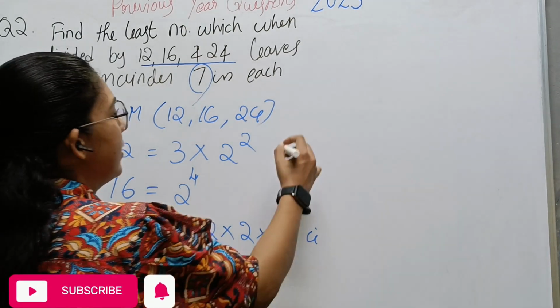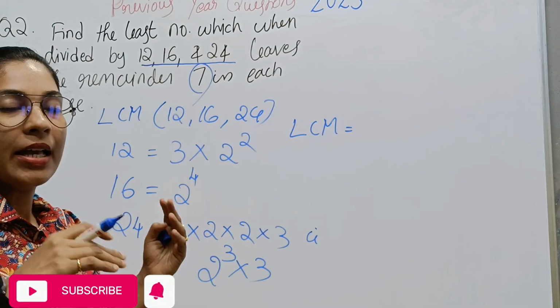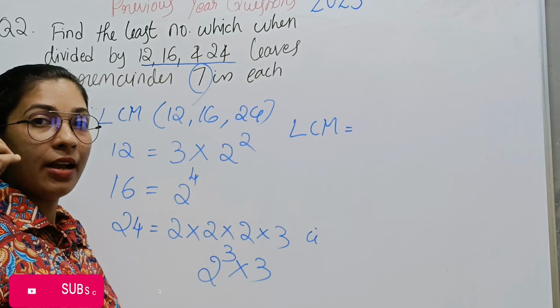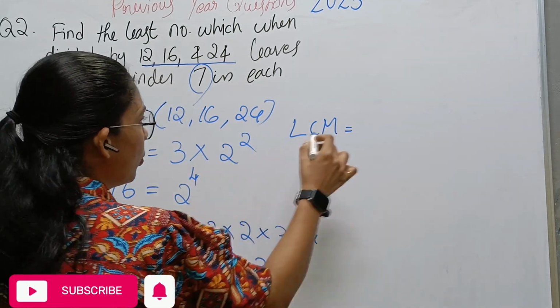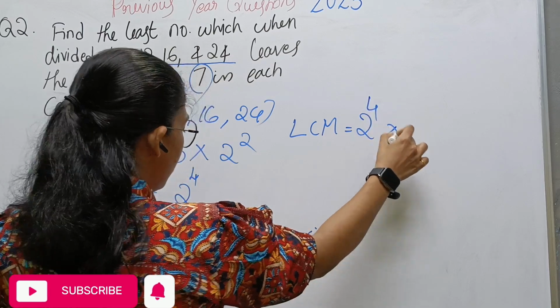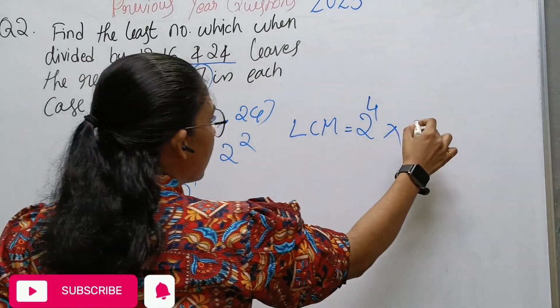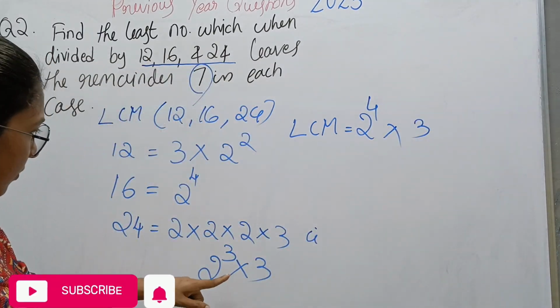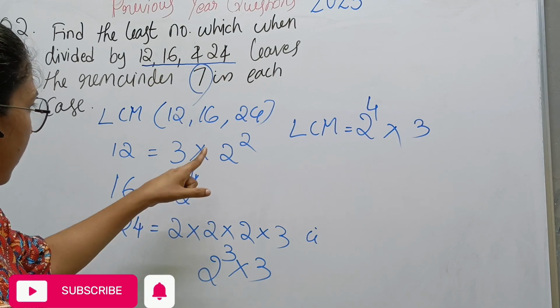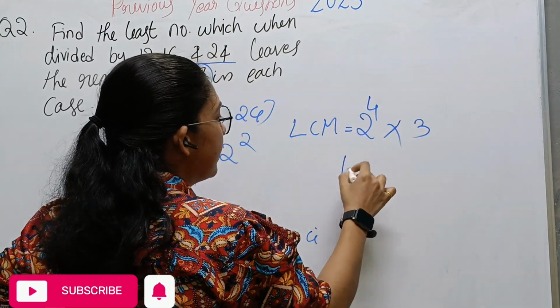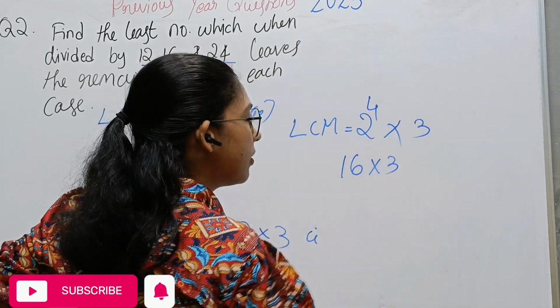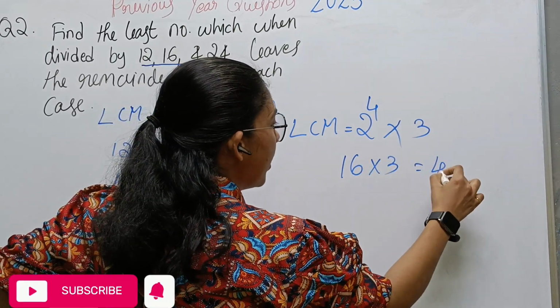And what is the LCM? The highest powers of each factor. So in this case, 2 to the power 4 into 3. Any other factors? No.